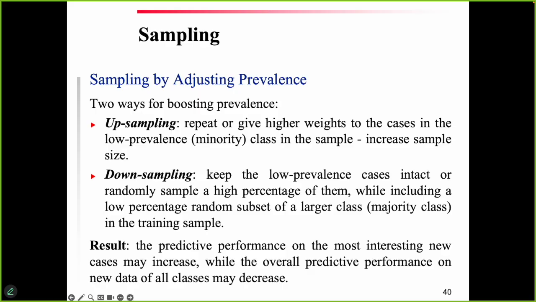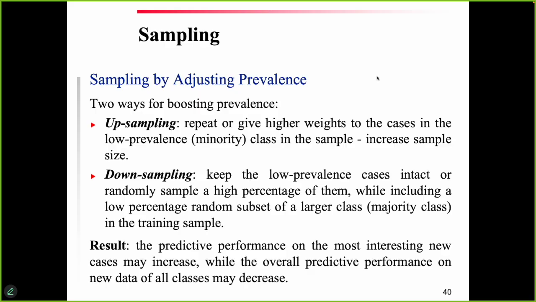Downsampling, yeah. If you already have a huge data set, you can ignore some data in your majority class, that's fine.